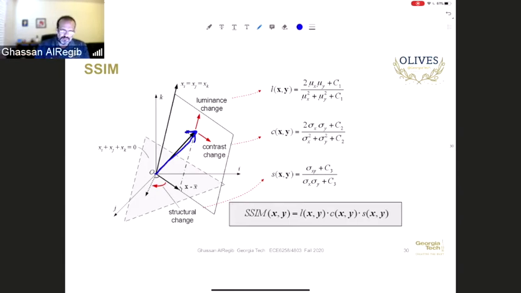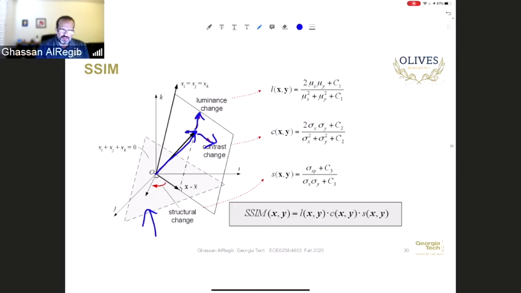So a change along this axis means that I'm changing the luminance. A change across this axis means I'm increasing or decreasing the contrast. If I subtract the mean and normalize, that means I'm bringing the mean to 0 and the contrast sigma to be equal to 1. Then I will be operating on this triangle, which is the structural plane in this 3D space.